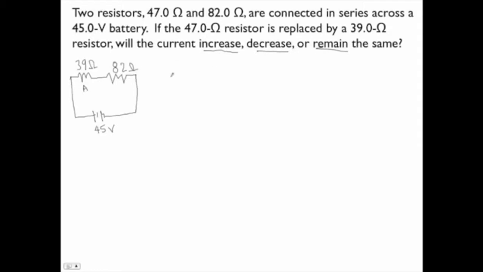Okay, so again, to do this, the first step is you have to find out that net resistance, and it's going to change because our resistor A changed. So we're going to get 121 instead of 129. And then you're going to use that same formula where you use the voltage of the source, that's your battery, and divide it by your resistance.